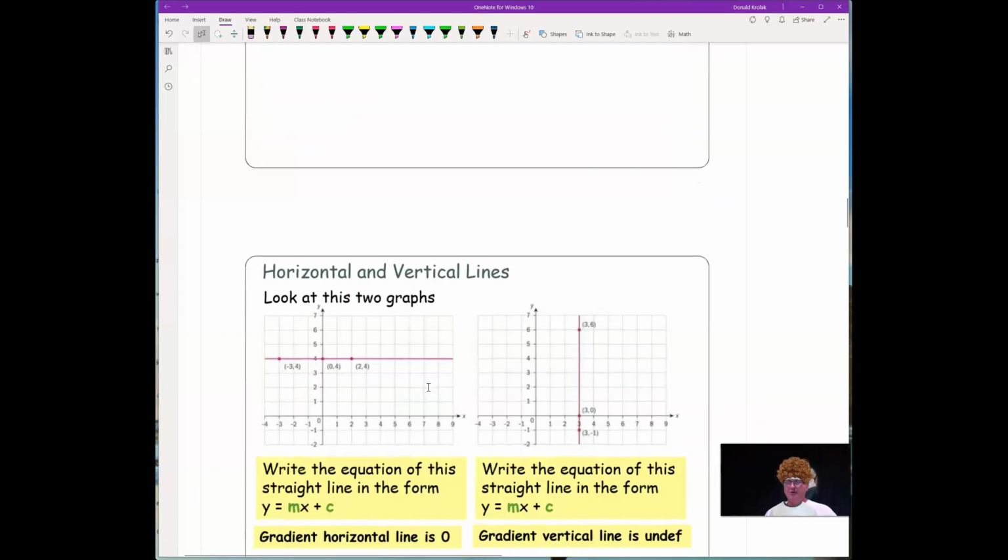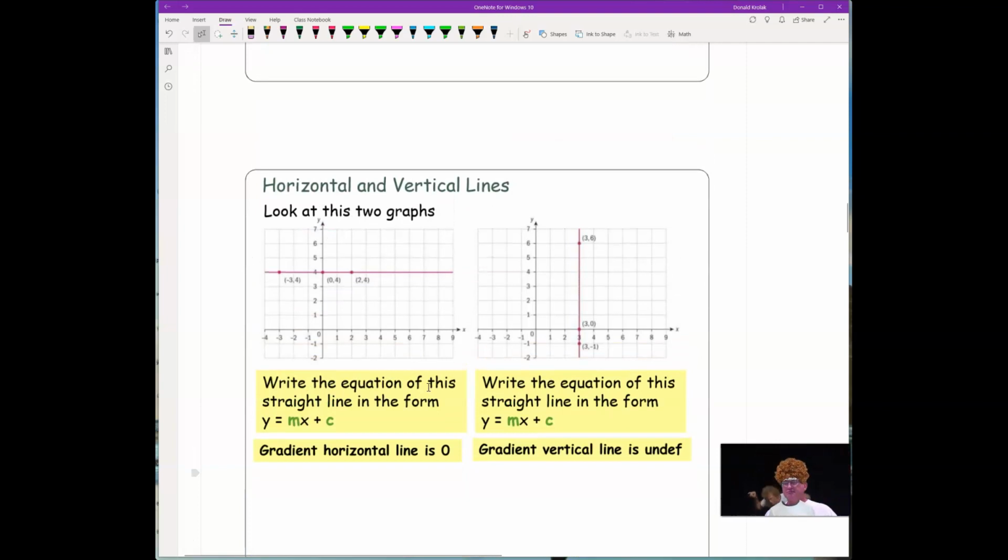Now with horizontal and vertical lines, if we were going to write the equation of a horizontal line in slope-intercept form, from the other day we know that this has a slope of 0. So m is 0, and the y-intercept is 0, 4, so c is equal to 4.